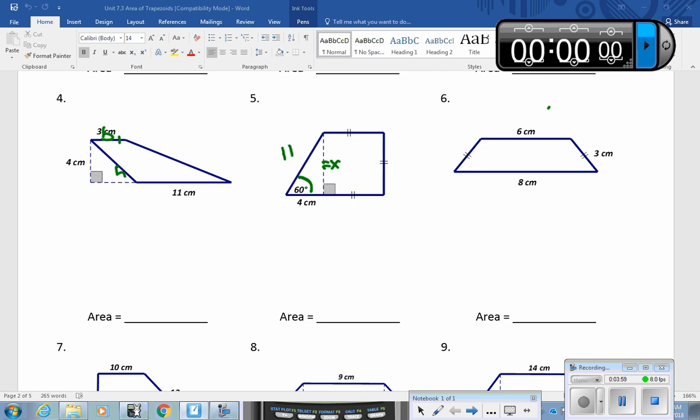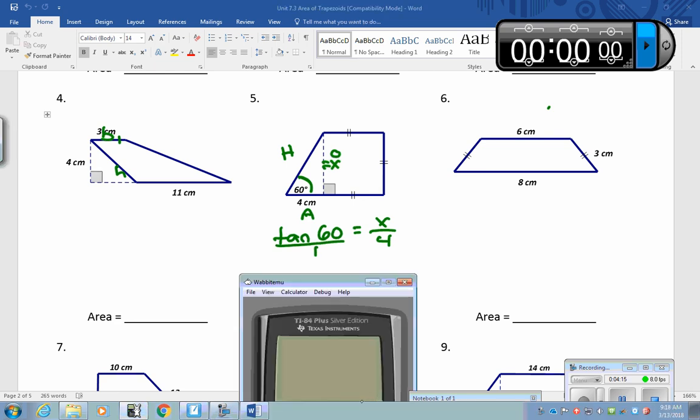Now I'm going to label each of the sides. I have a hypotenuse, an opposite, and an adjacent. Because I have opposite and adjacent, I'm going to use tangent for this one. So we're going to do tangent of 60 degrees equals x over 4. I'll start by cross multiplying that.